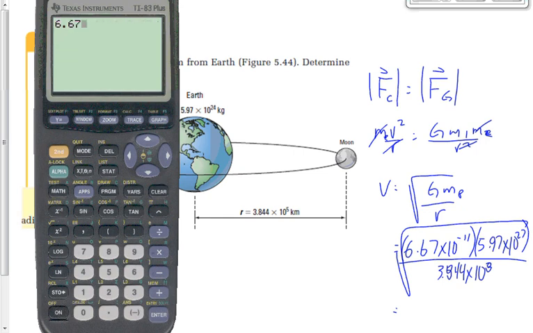6.67 times 10 to the minus 11 times 5.97 times 10 to the 24. Anybody make a guess for this speed here before I calculate this? Fast or slow? Fast?